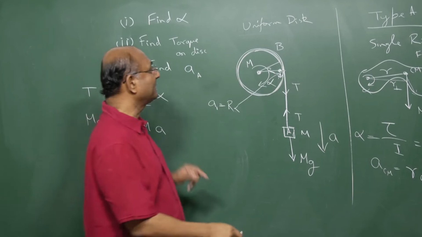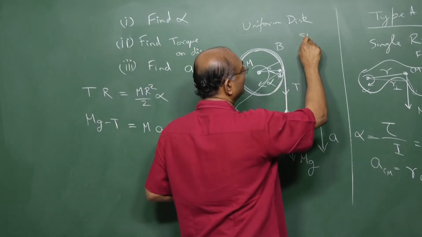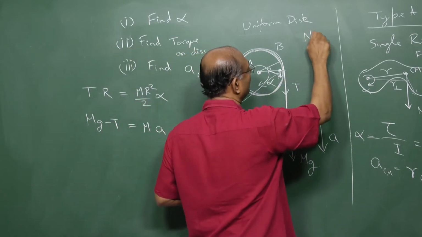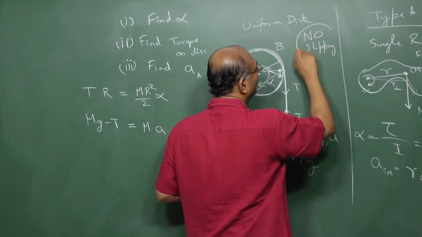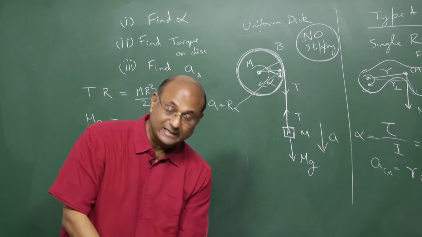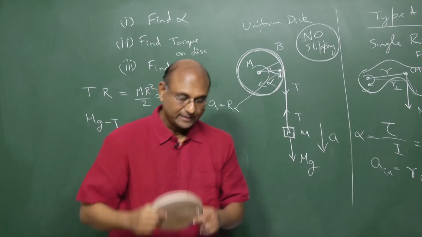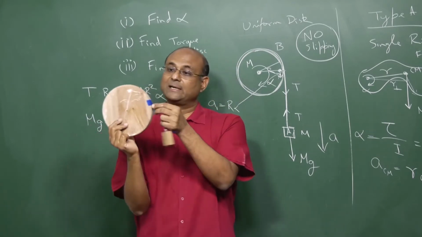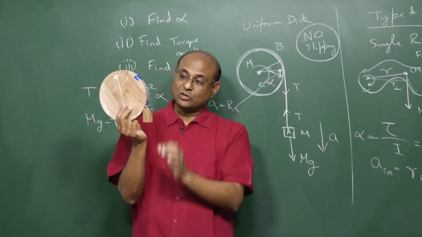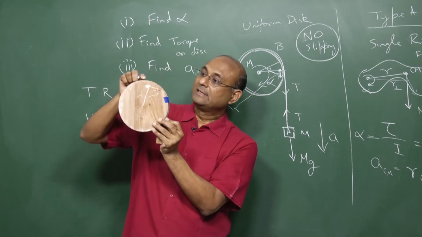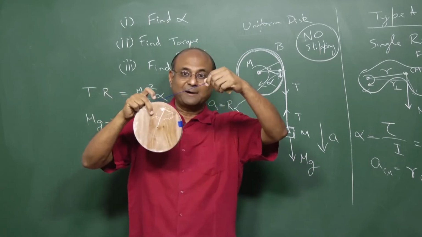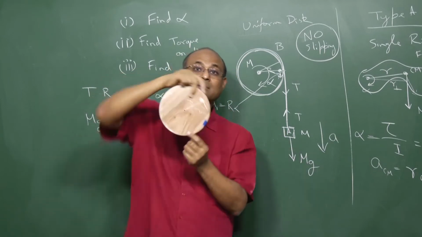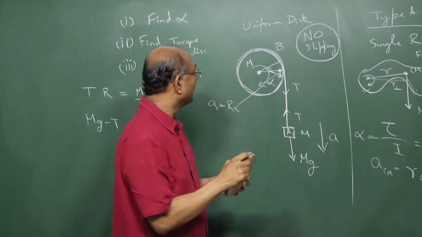But there is a condition that we are using which is very important. No slipping of the rope. The rope does not slip on the disk. So since the rope does not slip on the disk, when this guy goes down by x, this is the part of the rope that has come here. So the rope, which is this part, is moving along with the disk continuously.